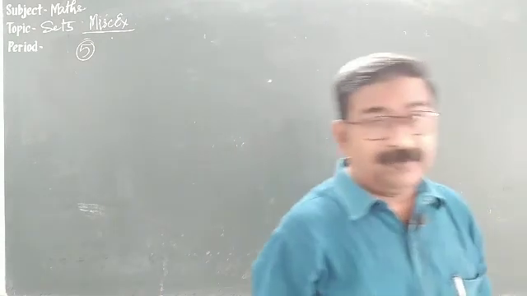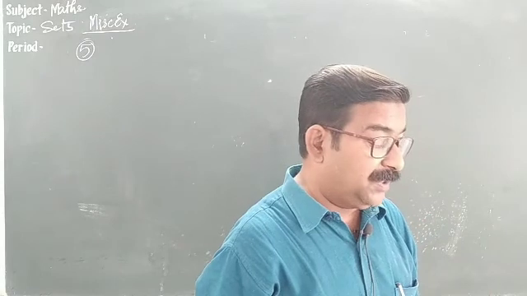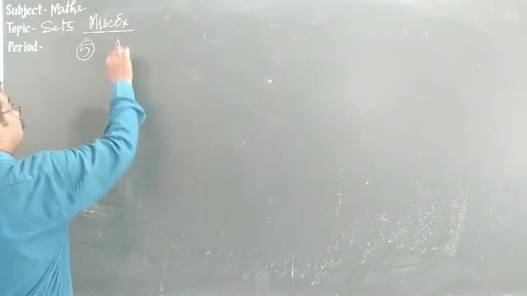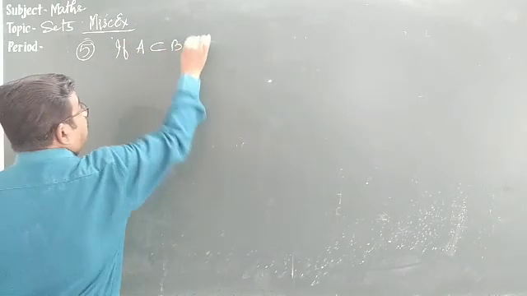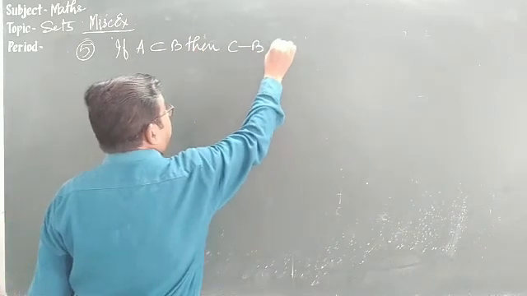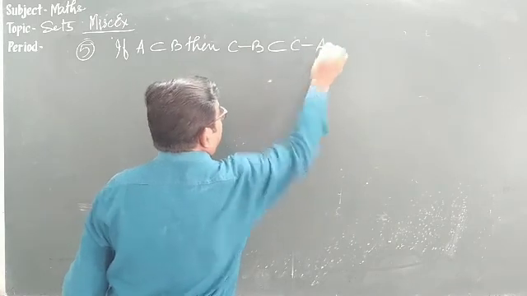Show that if A is subset of B, then C minus B is subset of C minus A. If A is subset of B, then C minus B is subset of C minus A.